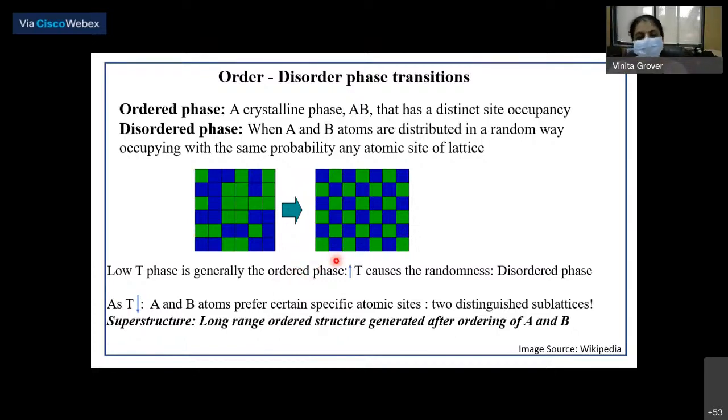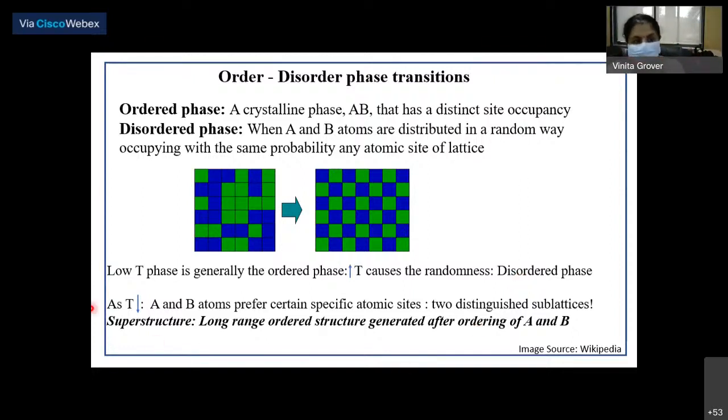They want to be in that ordered state, but now they have enough energy, so they will play out. That will cause randomness. Increasing the temperature will cause randomness, and you will get a disordered phase. So if in a material an order-disorder phase transition is possible, your low temperature phase is the ordered phase and your high temperature phase is the disordered phase.